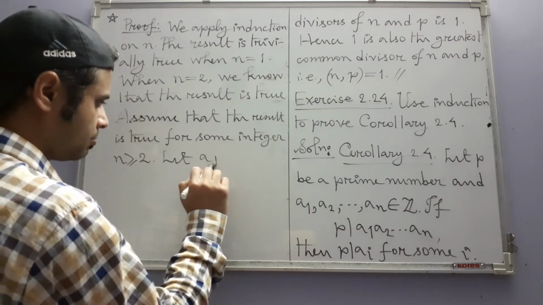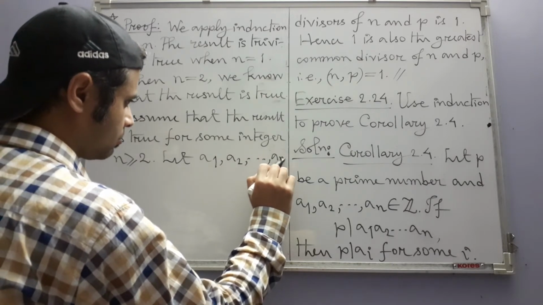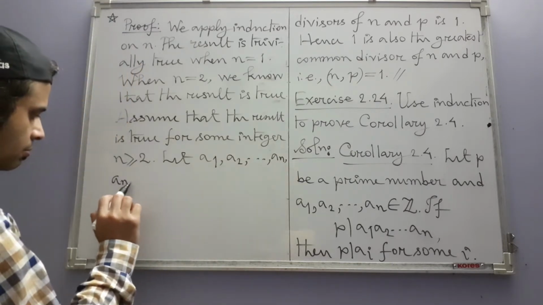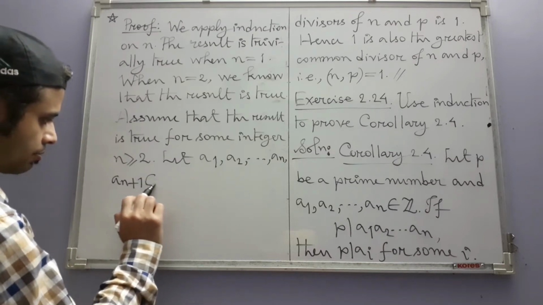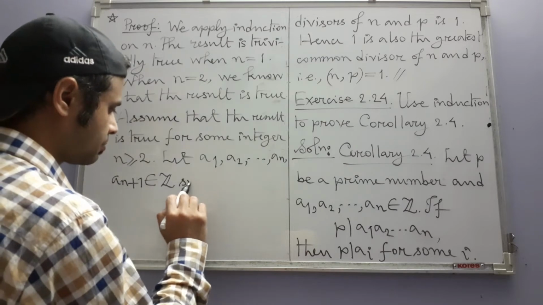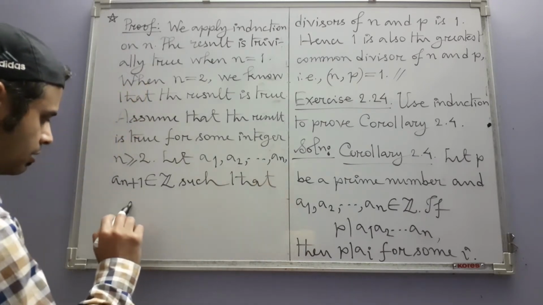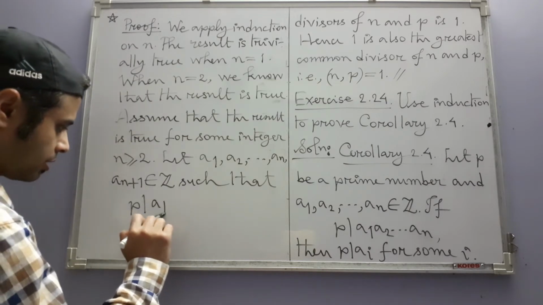Let a1, ..., an, an plus 1 be all integers such that p divides their product.